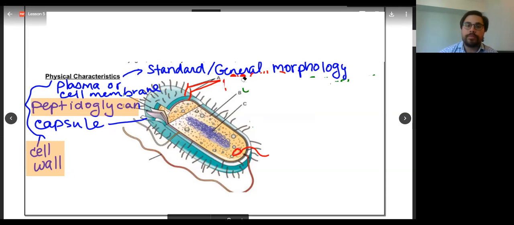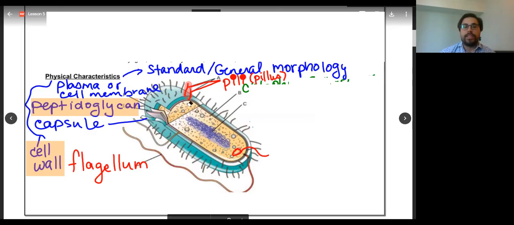The part highlighted in red here is what's called pilus, or pili. They are responsible for some movement, along with the flagellum, but they're also responsible for absorbing different things, whether it's nutrients, fluids, DNA, etc. I'll talk a little more about them as I move on.